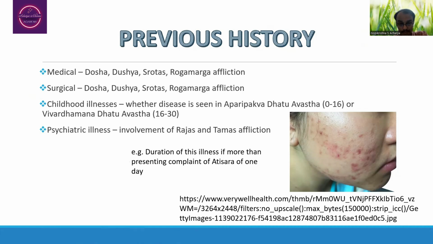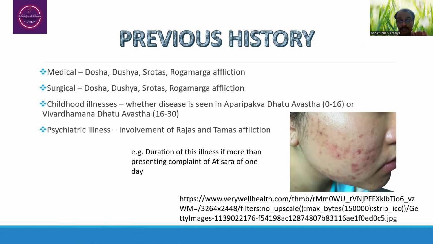Let us take an example. Suppose the person has a skin ailment and has the presenting complaint of diarrhea, or atisara, for one day. In that situation, the skin ailment will be recorded in the previous history, so it could be a medical illness.